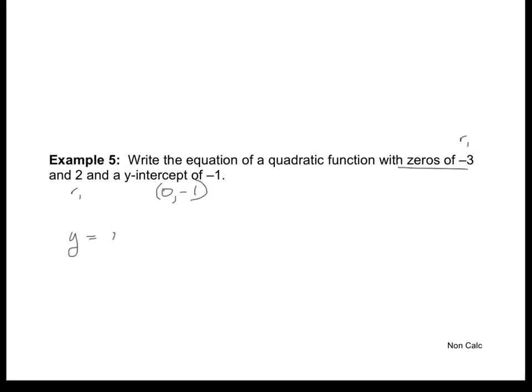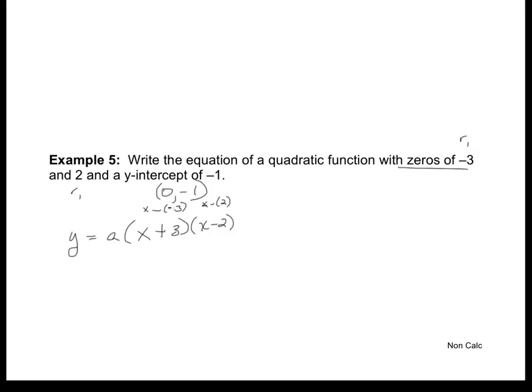Y equals a times x minus root 1, so x minus a negative 3 is x plus 3. I'll write that there. That's how we get that. Minus a negative 3. Okay. And then x minus 2. So our root, you see, is in parentheses. And so if it's a positive root, it ends up with a minus in the factor.